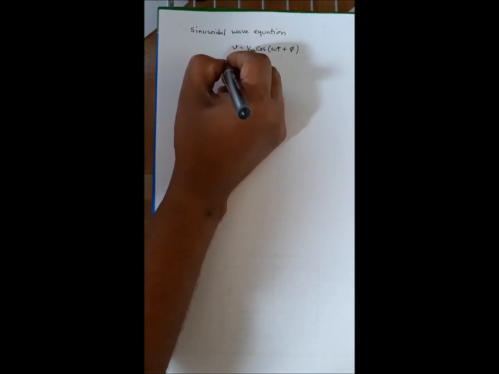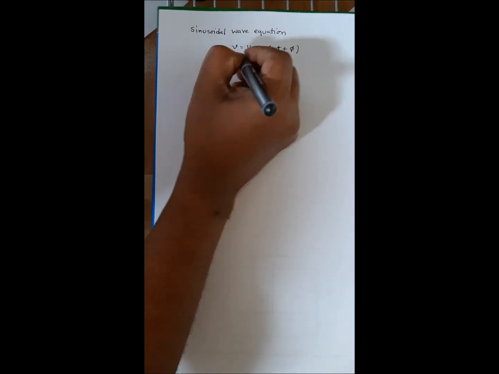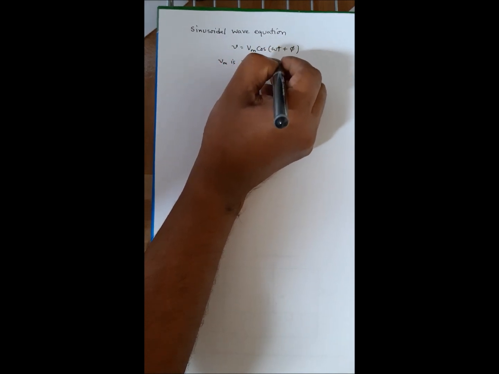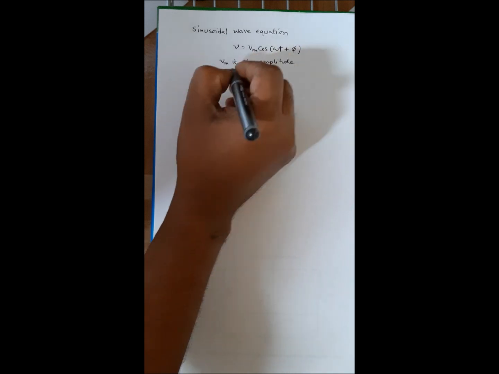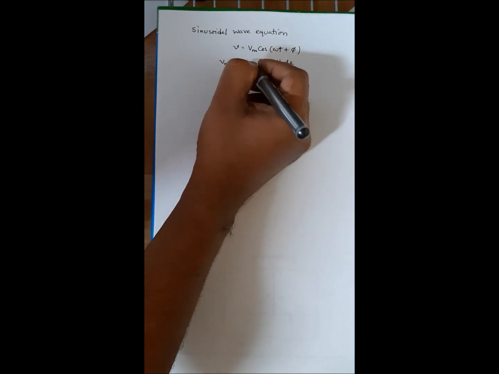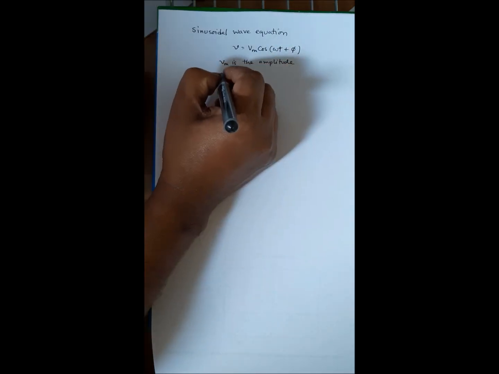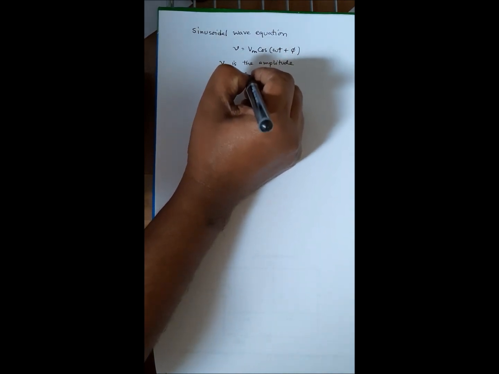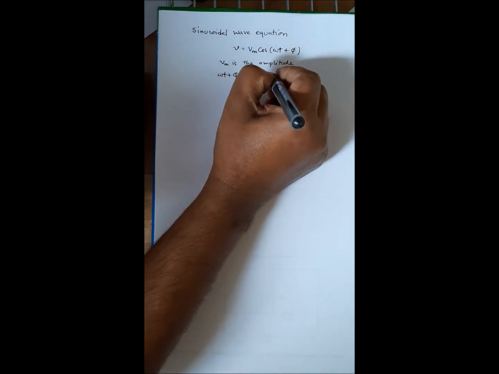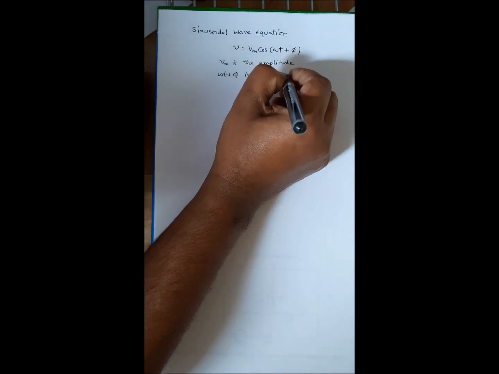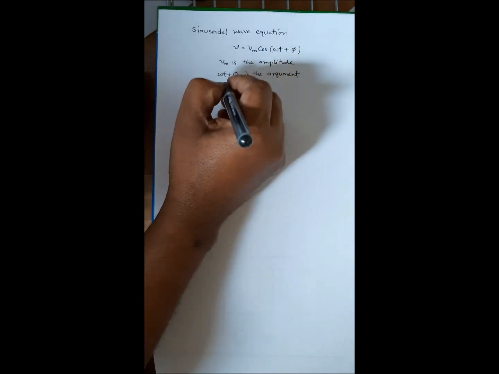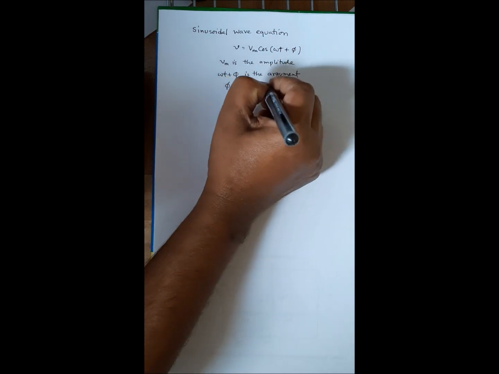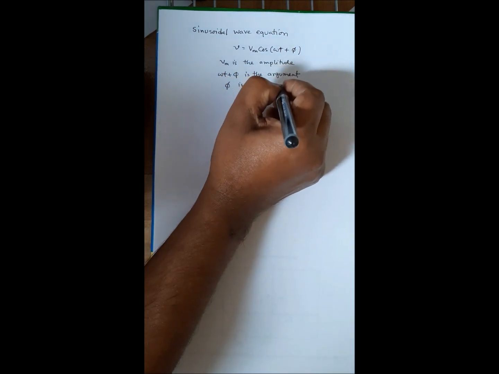Here Vm is the amplitude and omega t plus phi is the argument. Phi is the phasor.